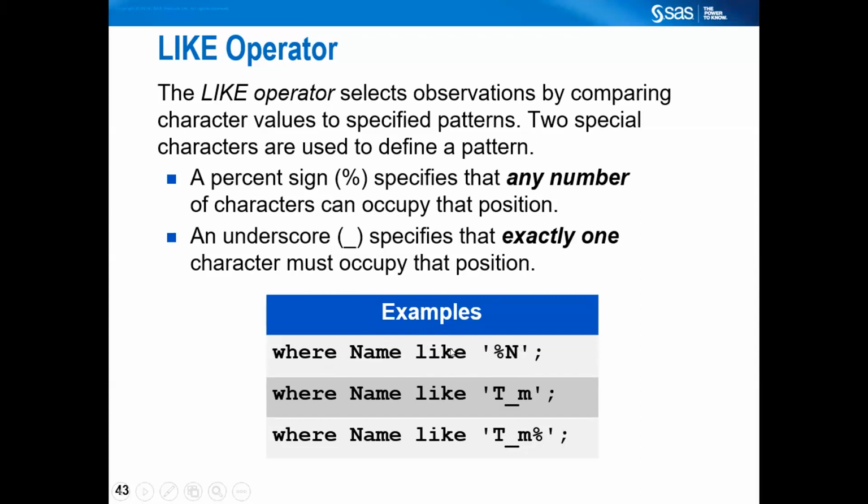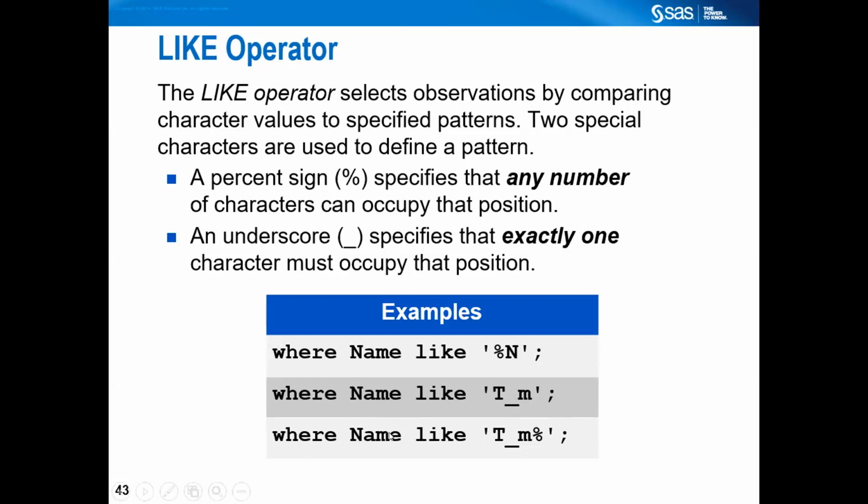Understood? Whereas here it says where name like T underscore M. Underscore indicates exactly one character. So if the name is Tom, Tim, Tum, all those values will be selected. Whatever it is between capital T and M with one character, even if it is TEM or TNM, all those values will be selected.